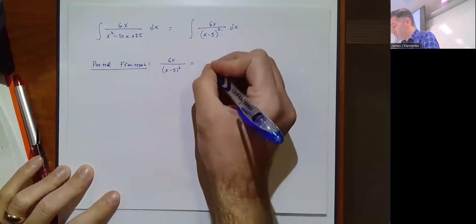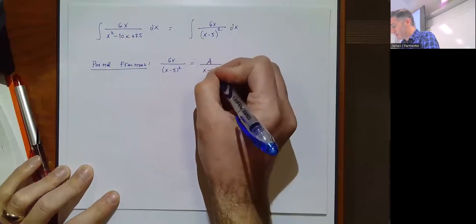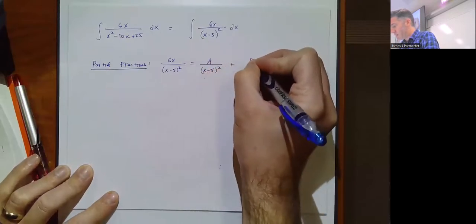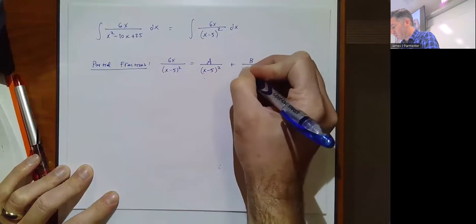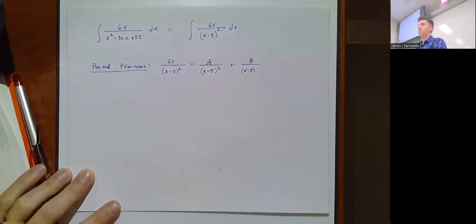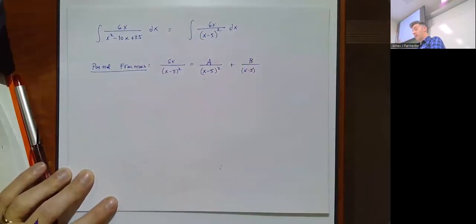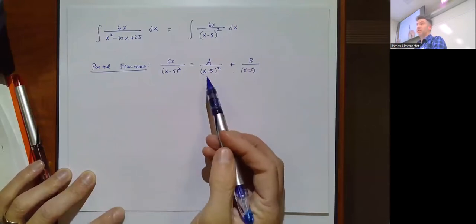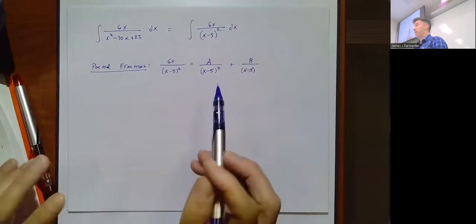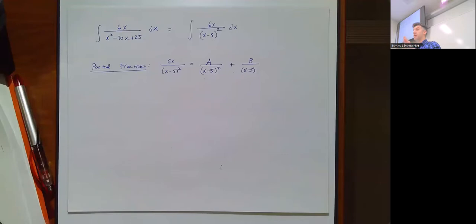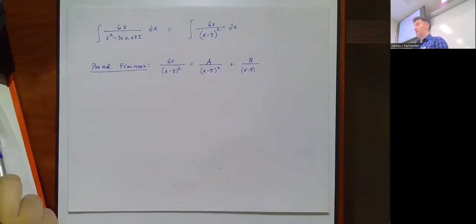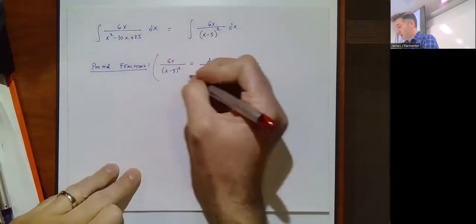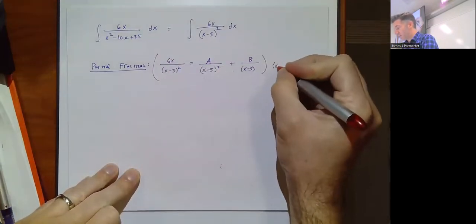So we're going to say that's equal to a over x minus 5 squared plus b over x minus 5 to the first. I'll point out the answer to this decomposition is not that a is equal to 6x, right? The a and the b have to be constants. So we're going to solve for a and b that make this work. Same step as always. Multiply everything by the denominator.